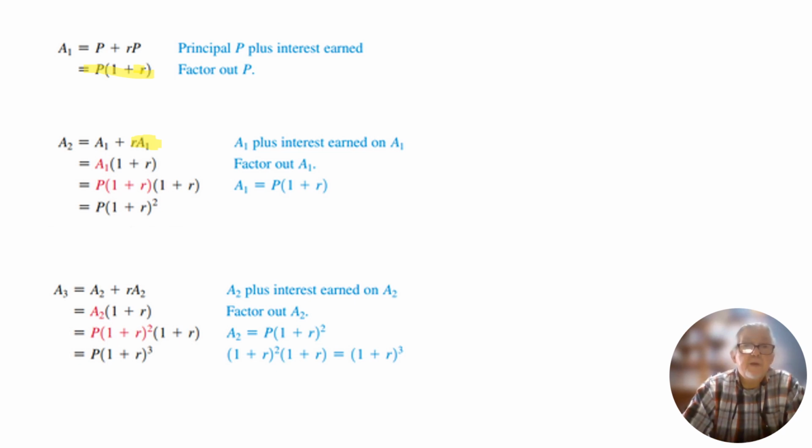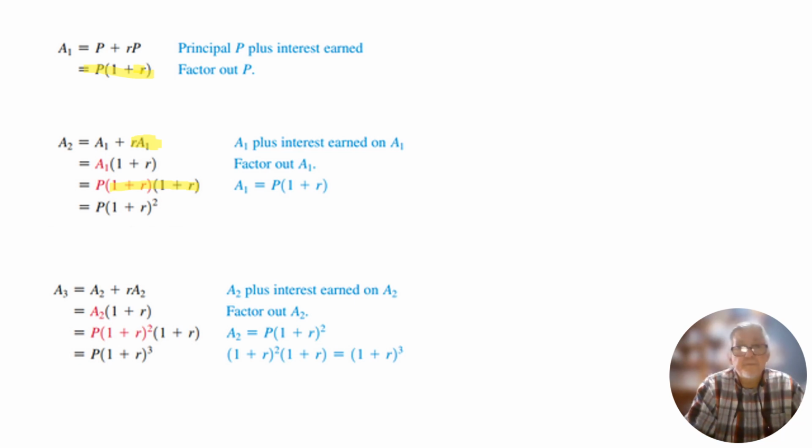But now A1 is itself factored in terms of the initial deposit. And when these two factors are combined, it's 1 plus r quantity squared. So at the end of the first year, it's the principal times the quantity 1 plus r raised to the first power.